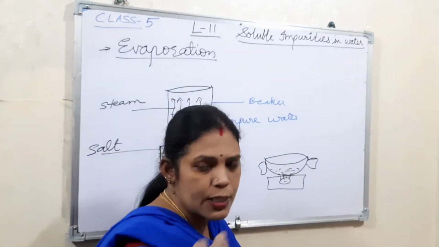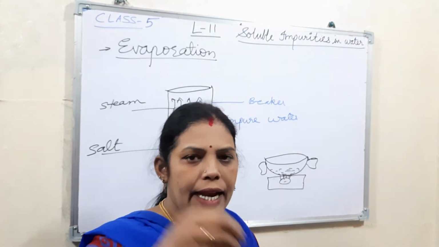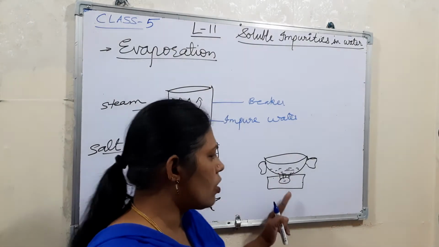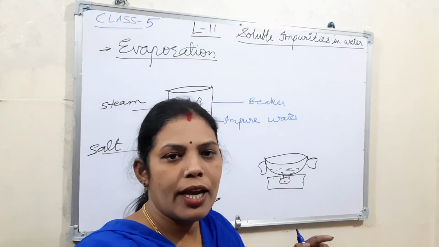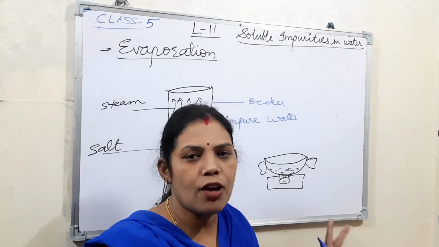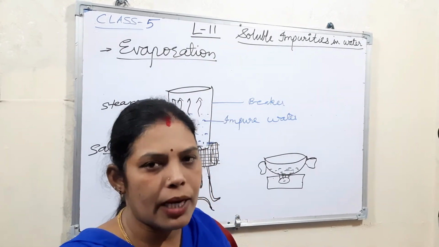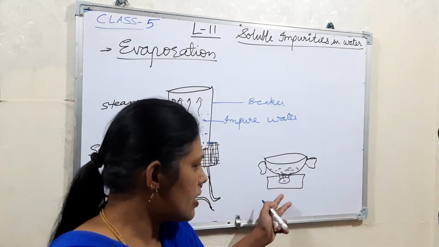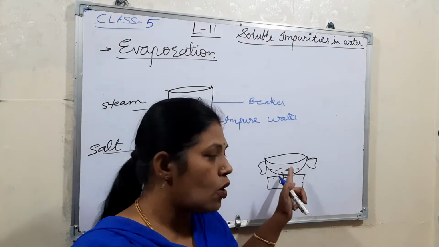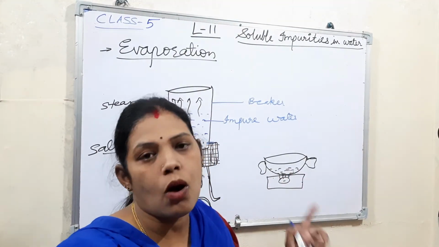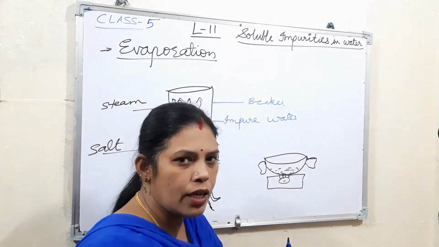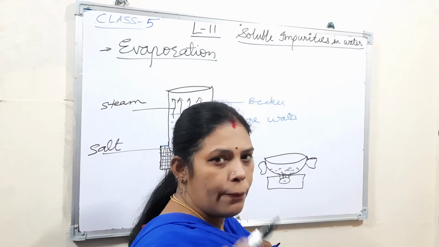Take about 2 teaspoons of salt, then add some water, then stir it well and mix it well. Afterwards keep it on the stove, and then you can boil it. But be careful, you have to do this in front of an adult, your mother or somebody else. Otherwise, because of the burning, it will be dangerous, and when it boils it will be too hot, so it should not fall on your body. So as a precaution, do it in front of your parents.